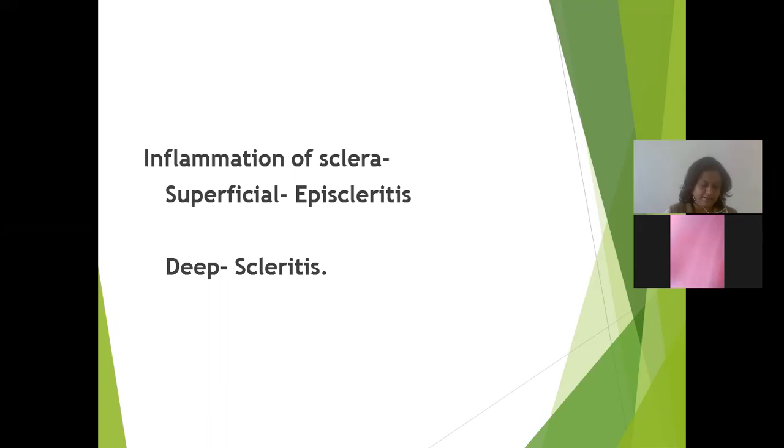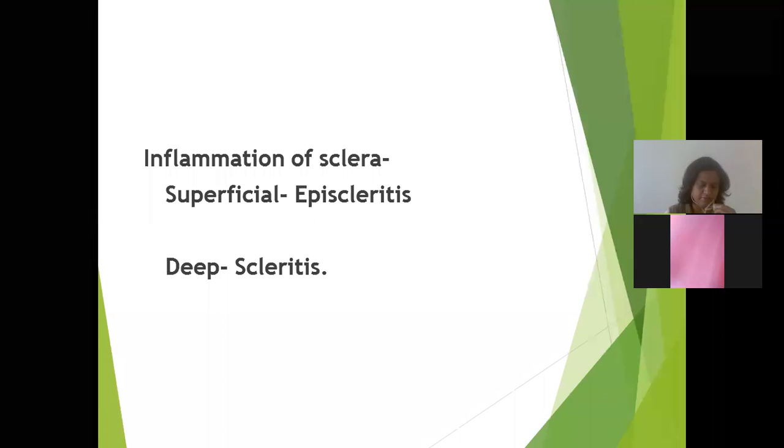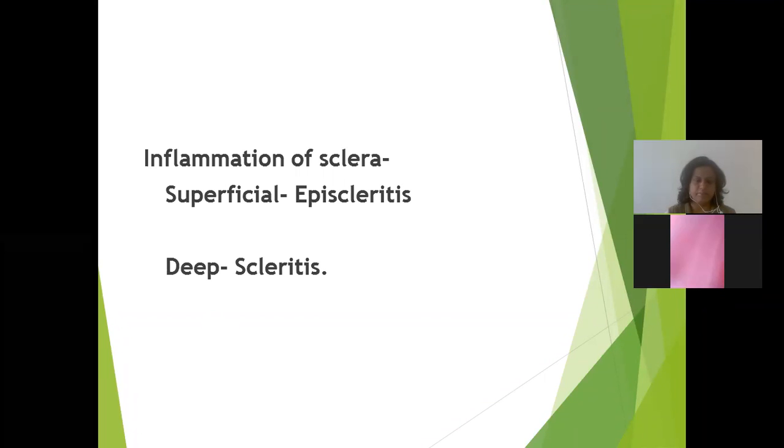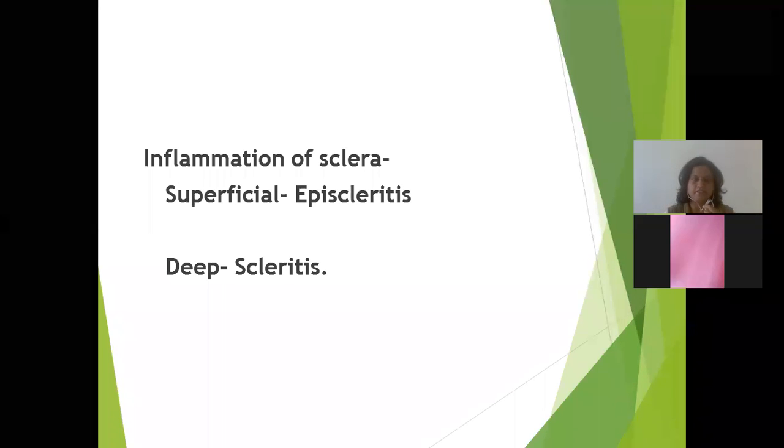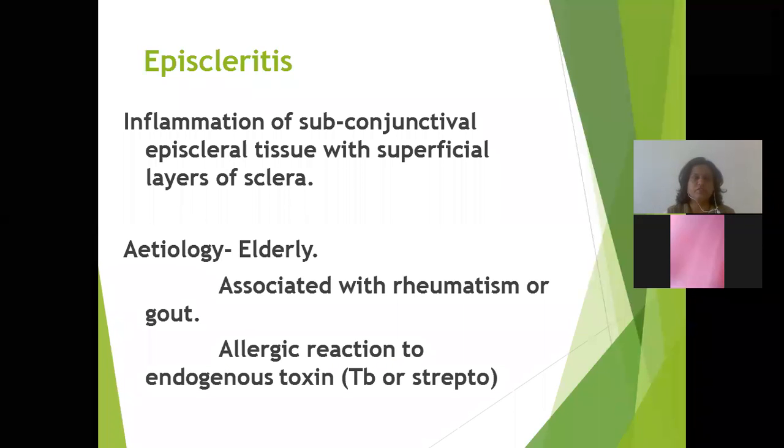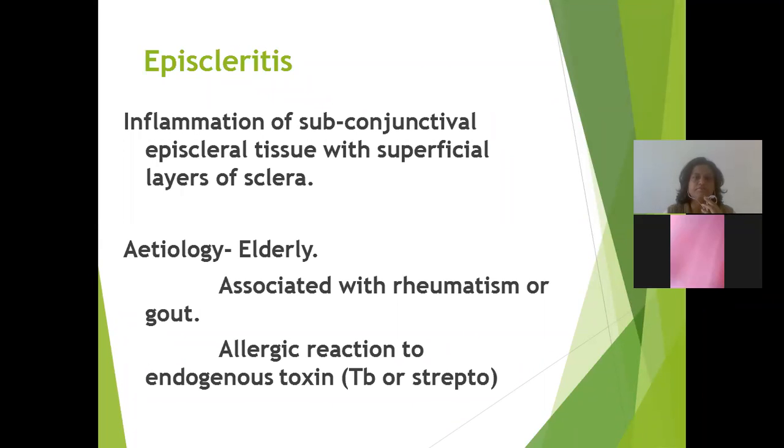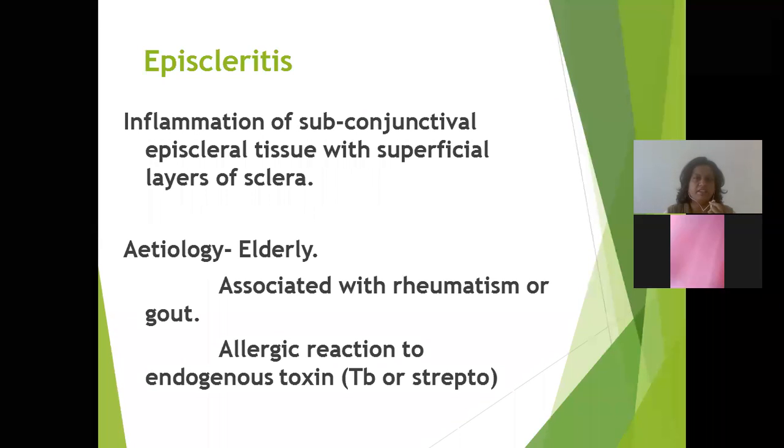Episcleritis is a benign inflammatory process affecting the deep conjunctival connective tissue, that is the episclera, and sometimes including the superficial scleral lamina. So, it is the inflammation of subconjunctival episcleral tissue with the superficial layer of sclera.